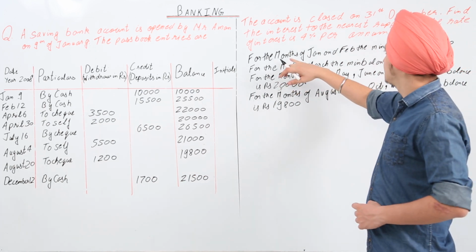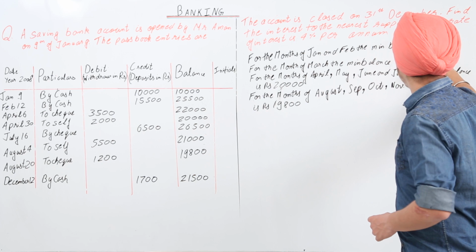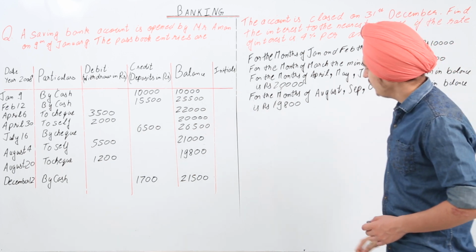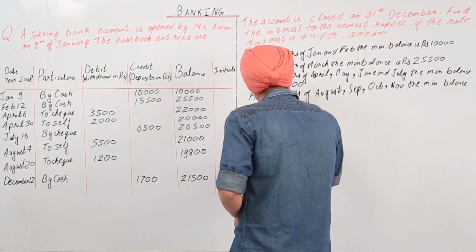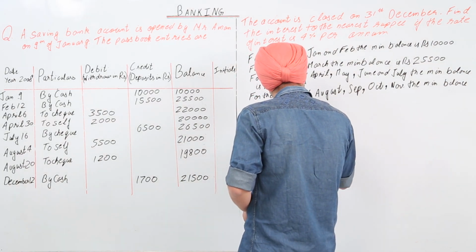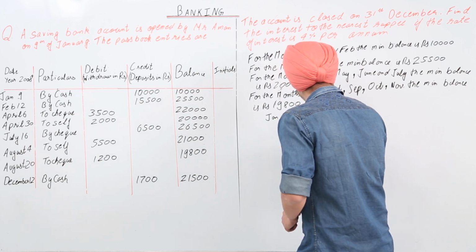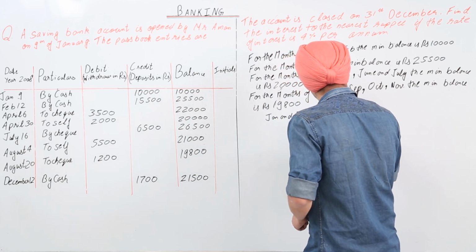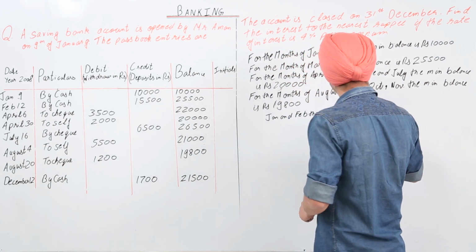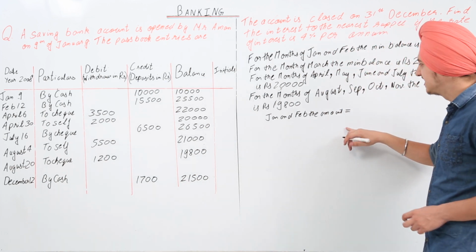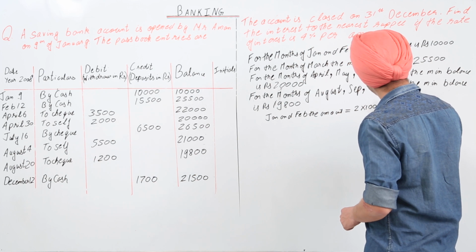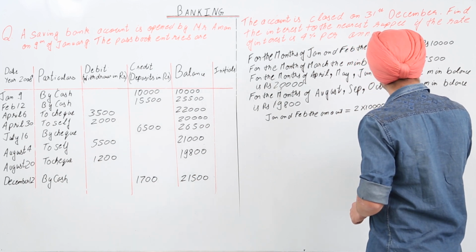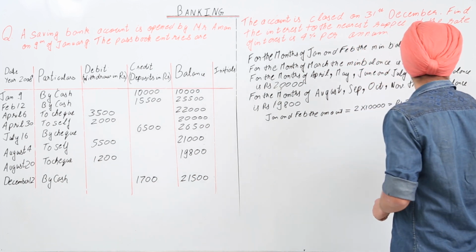We have for the month of January and February, the amount is rupees 10,000. So for Jan and Feb, the amount combined is equal to 2 into 10,000, that is equal to rupees 20,000.